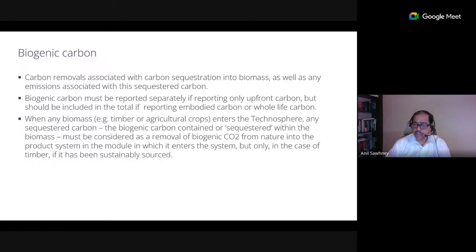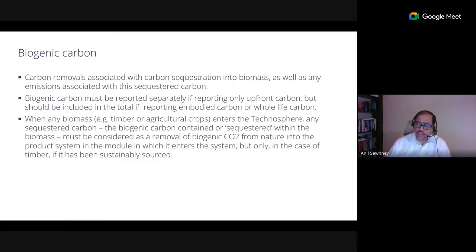So it must be considered at that time. And then at end of life, if you send that timber beam or wood panel somewhere else to be used, you're going to get the benefit of that recycling or reuse somewhere else in that particular module.